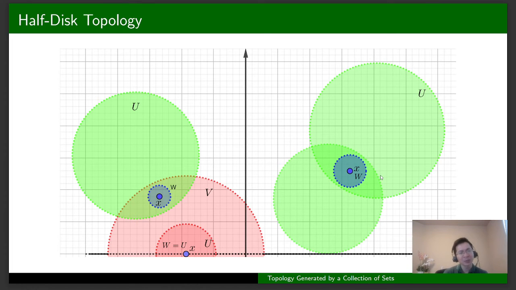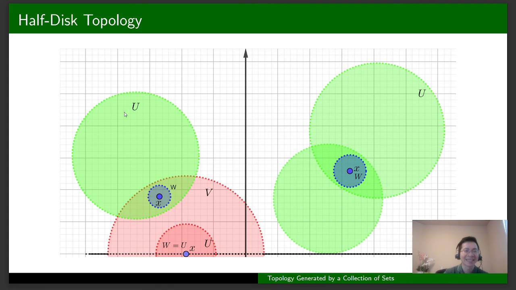So we can show that the first property is satisfied based on the following figure. If we take any U and V in B and any x in the intersection of them, there are three cases. If U and V are open balls in the positive upper half plane, then we can find another open ball with center at x and radius r such that that ball is a subset of this intersection.